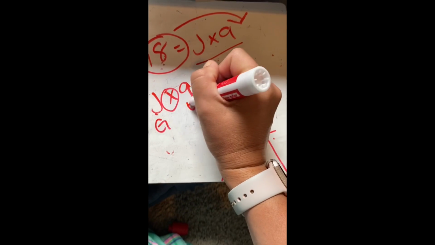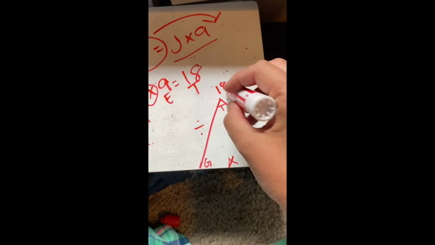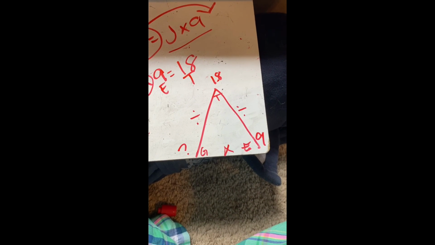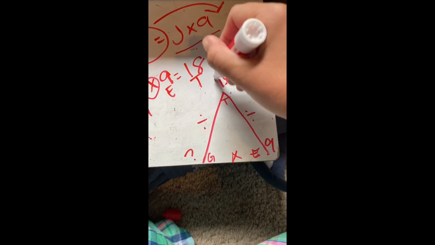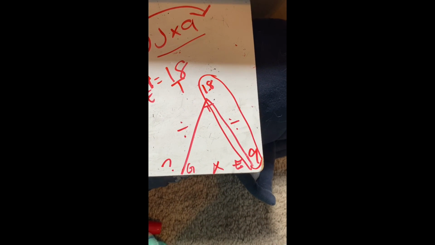So 18 is my total. I don't know how many groups, and there are 9 in each. So to solve for this, guys, all I have to do is 18 divided by 9.